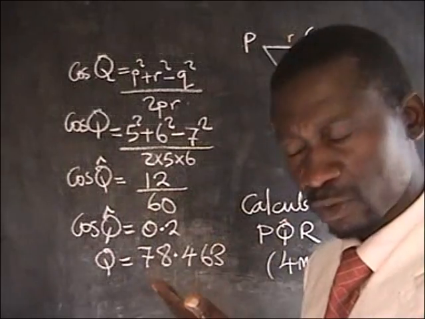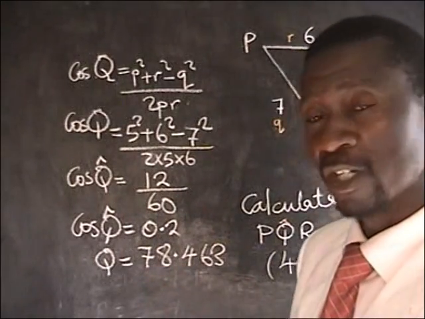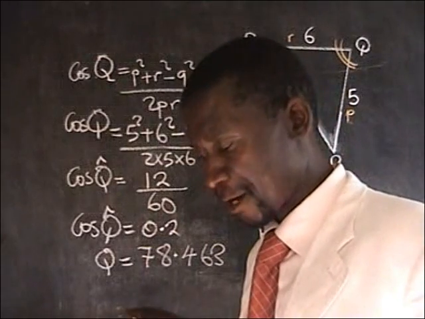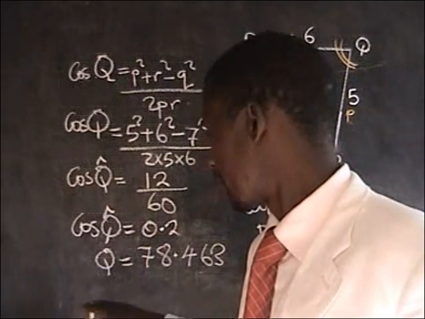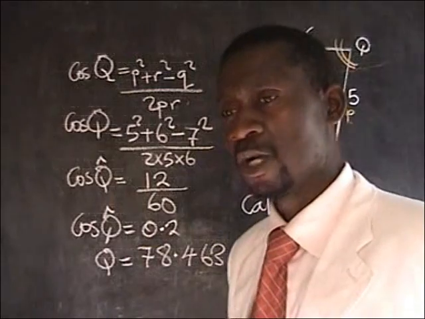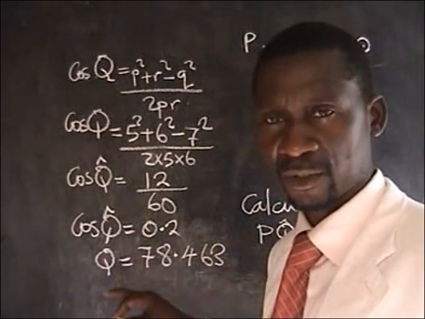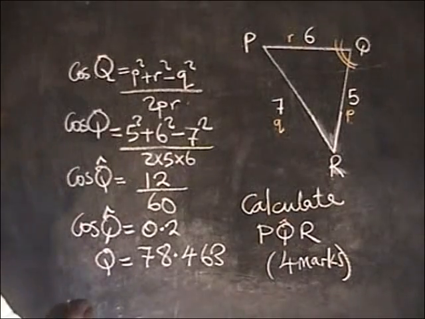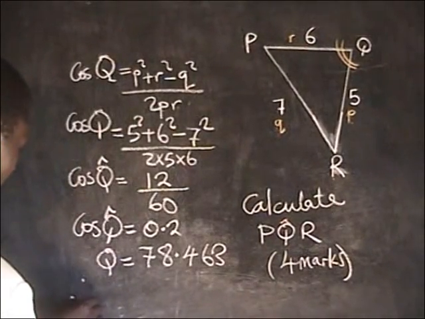So now, since this question is without specification, I am assuming that this appeared in paper 2, which is a Zambian paper, then I have to leave it to 1 decimal place, since what I have calculated is the angle Q in degrees.